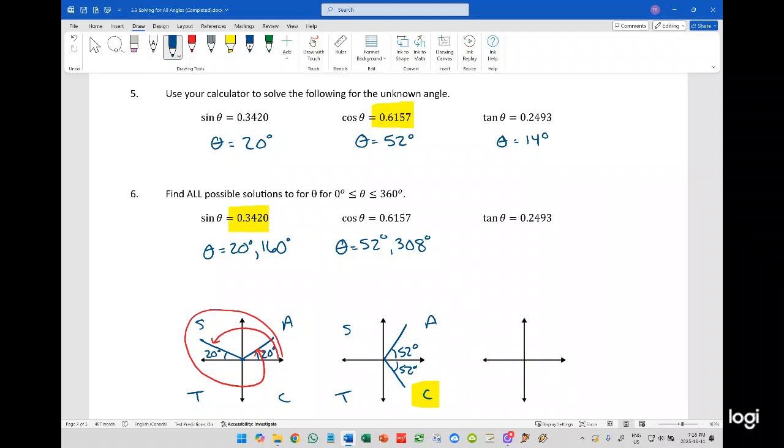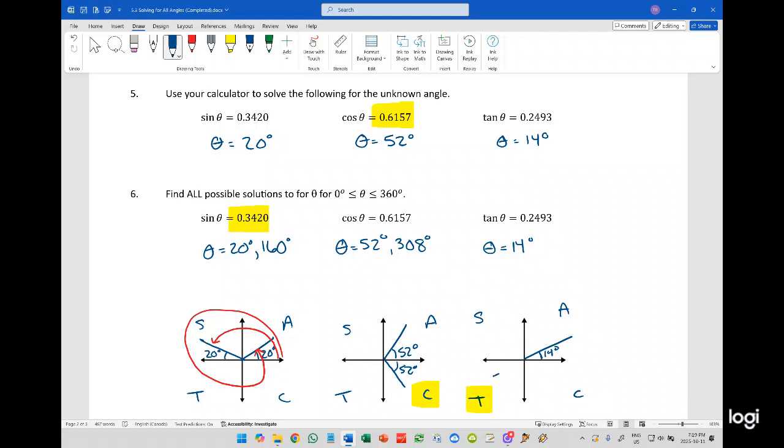Finally, tan of theta equals 0.2493. We know that one of the answers is 14 degrees. Right there. But I also know because of the CAST rule that there'll be another positive tan answer in the third quadrant.